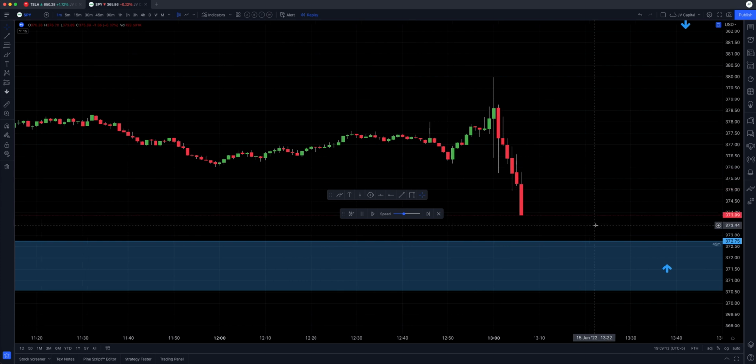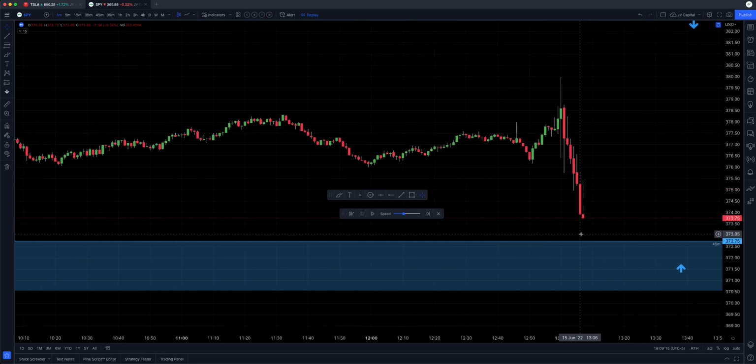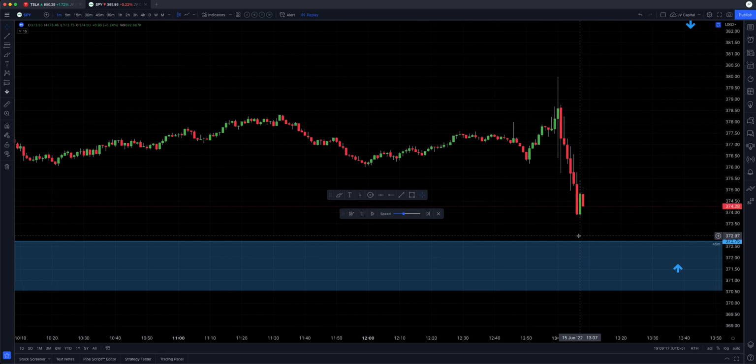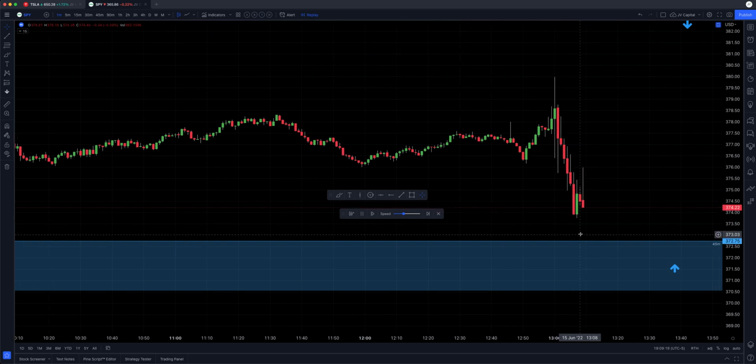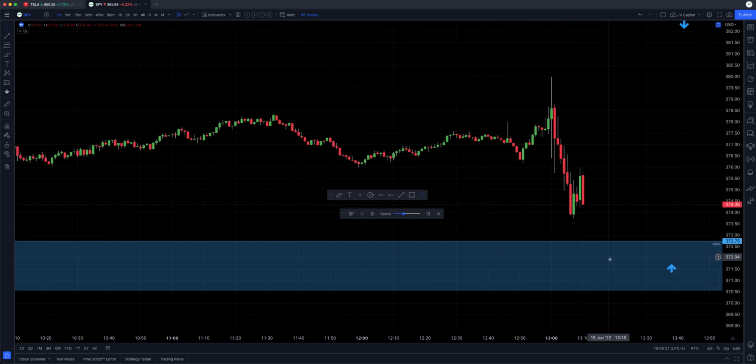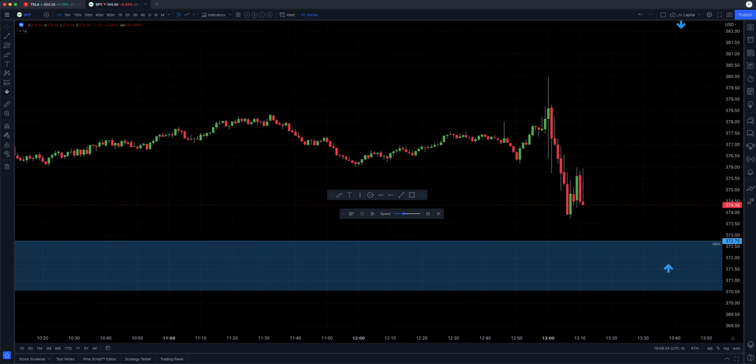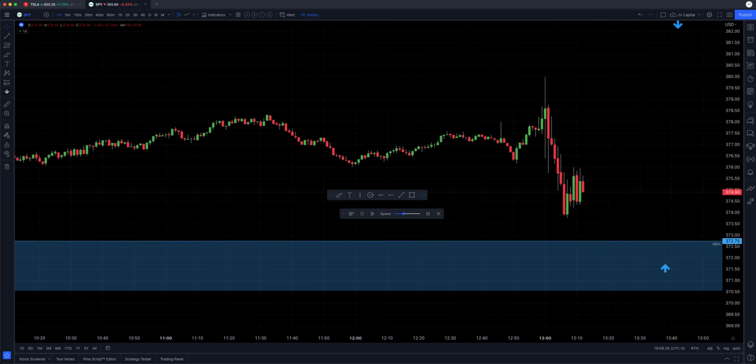So he's talking, he's not saying anything good. People are shorting the market, retail shorting. And I'm just looking to see if we get some buy orders in this 45-minute buy zone, demand zone.